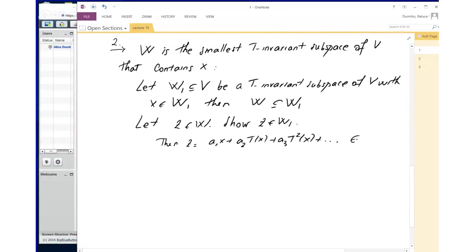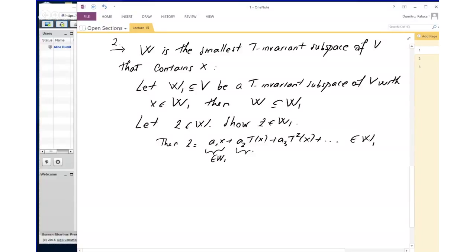So why would this belong to W1? x itself is an element of W1, correct? So then any multiple of x, like a1 times x, is in W1, because W1 is a subspace, so it's closed under scalar multiplication.